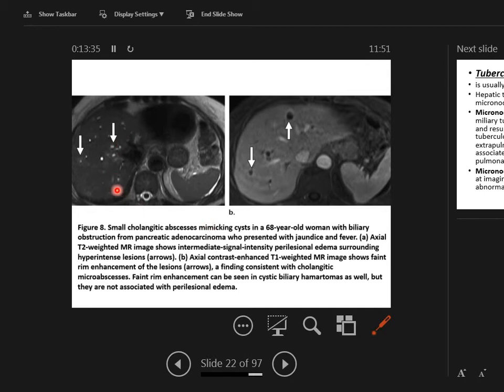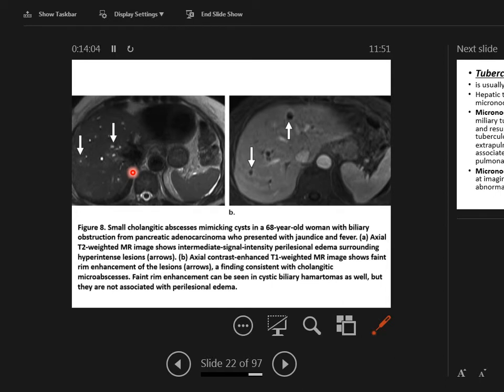This is a small cholangitic abscess mimicking a cyst, and here we can see intermediate signal intensity for regional edema around the hyperintense lesion. This is a T2 weighted image. You can see the surrounding edema, very mild, not very obvious.